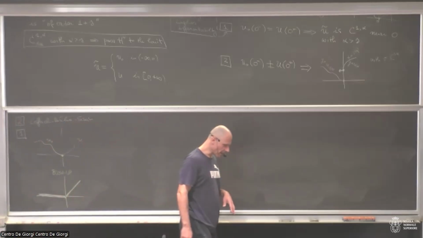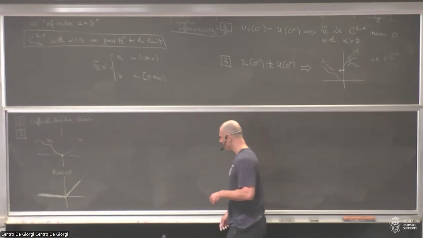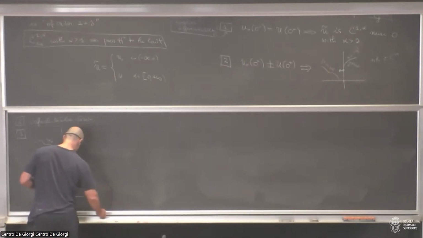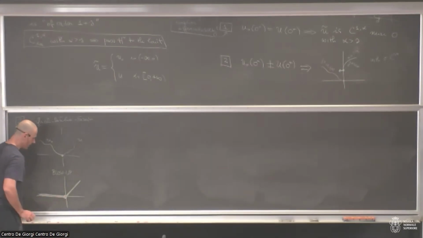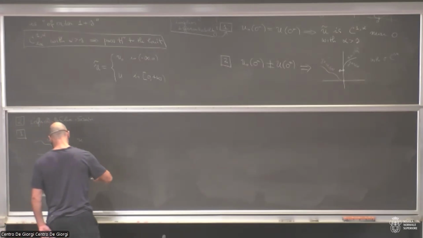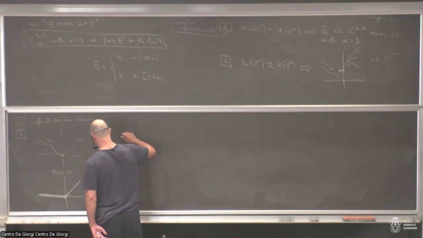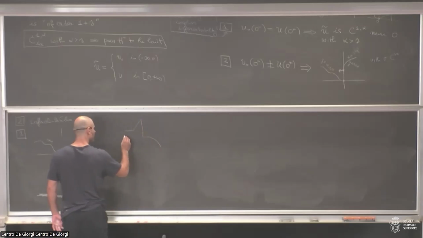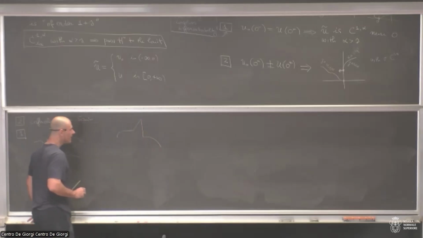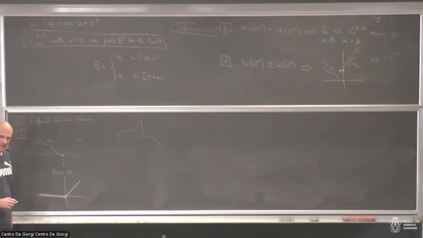And how do you exclude it? Well, you construct a barrier. So you have to poke your nose here. To poke your nose here, you have to put your nose in the right direction. So the barrier is something like this. If I remember correctly, the barrier has this shape, and you have a big nose here.